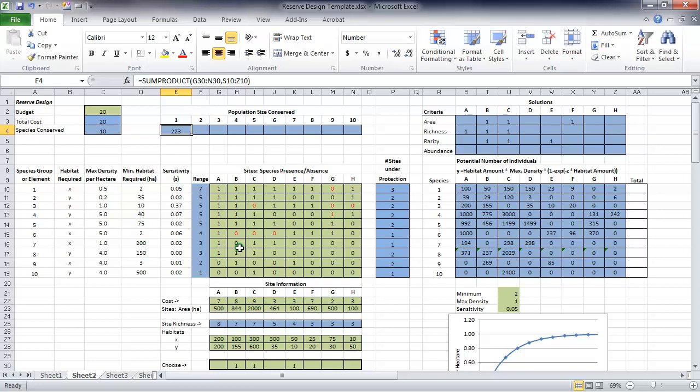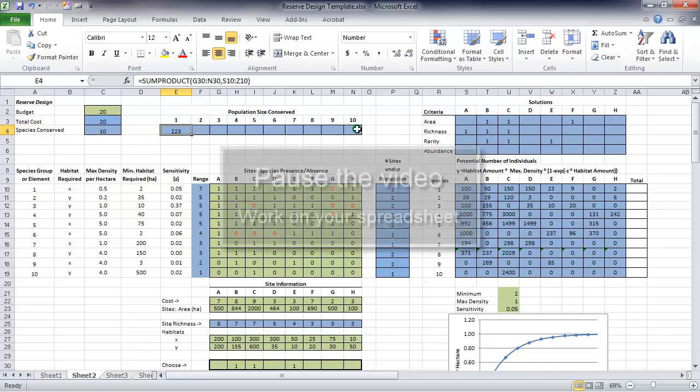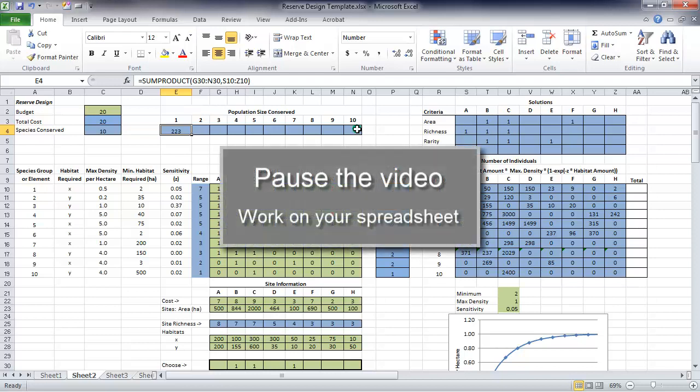So by choosing sites B, C, and E, we think that we may have an opportunity of conserving 223 individuals of species number 1. Go ahead and fill in the other remaining 10 species, and then we'll come back and chat about our results.